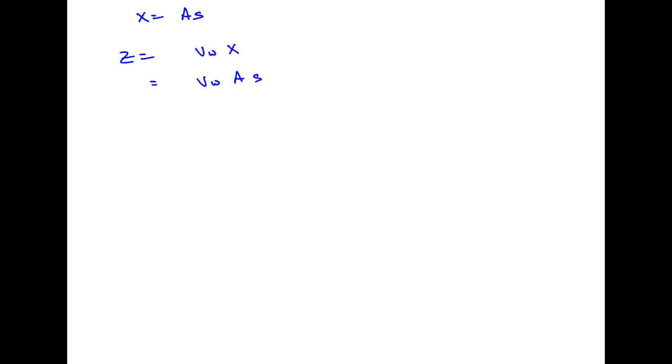There are many such matrices. So I still want to find A inverse. So if Z is equal to this, I have to multiply it with the inverse of this matrix to get back S. What does this mean? S is equal to (V W A) inverse times Z.